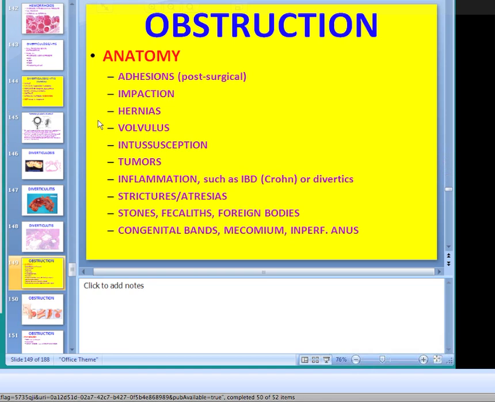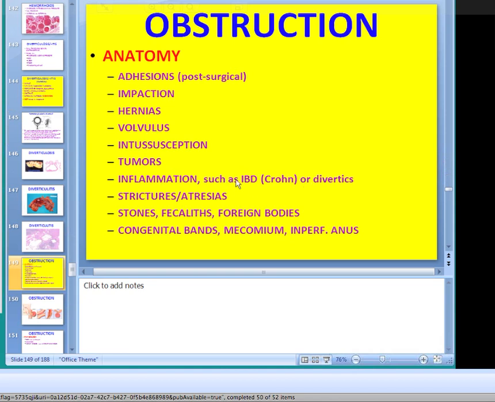Or you can have an intussusception of the bowel, which is like an inversion of a glove. We'll show you what intussusception looks like. Tumors, as you could guess, either intrinsic or extrinsic, mucosal or serosal, or primary or metastatic. These are all possible reasons for bowel obstruction.